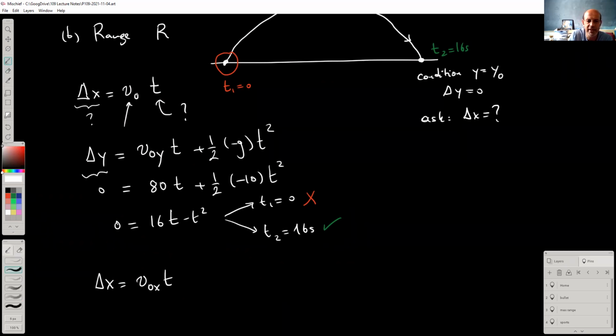Sometimes I write vx0, sometimes v0x. That's one of the things that I get confused too. So that's 60 multiplied with 16, which is 960 meters.